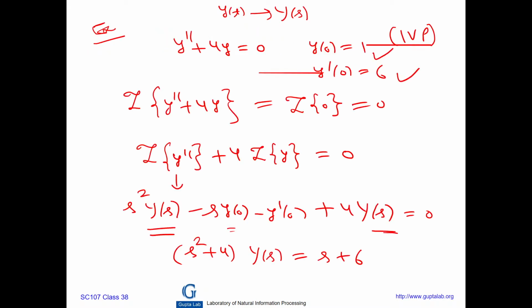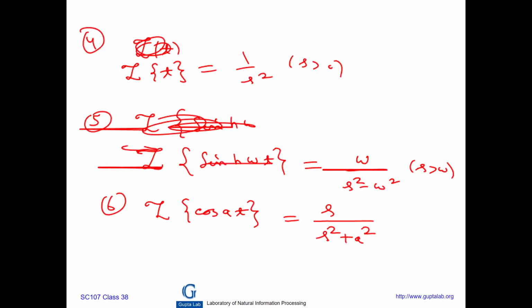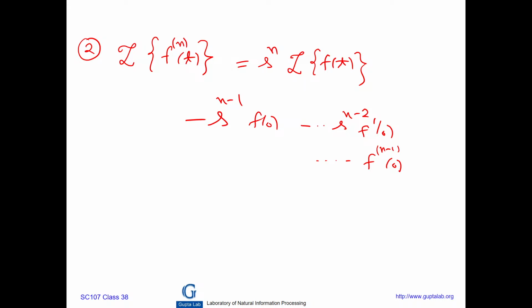So we have capital Y of s is equal to s plus 6 divided by s square plus 4. Now you remember s divided by s square plus a square is the Laplace transform of cos at. So I can use those kinds of formulas here.